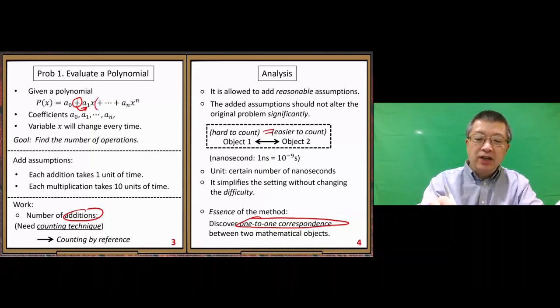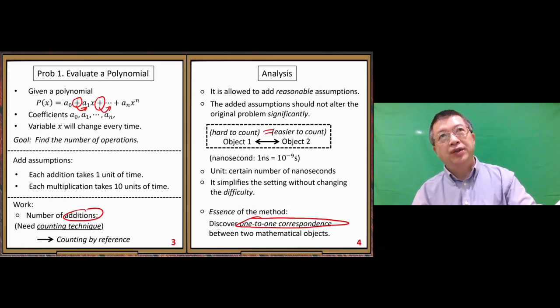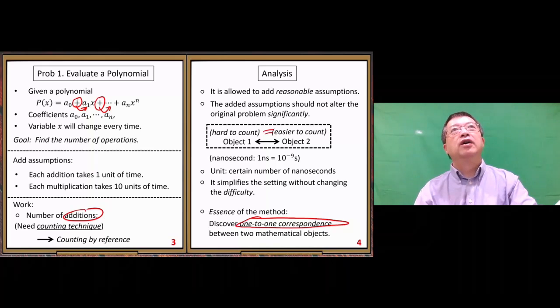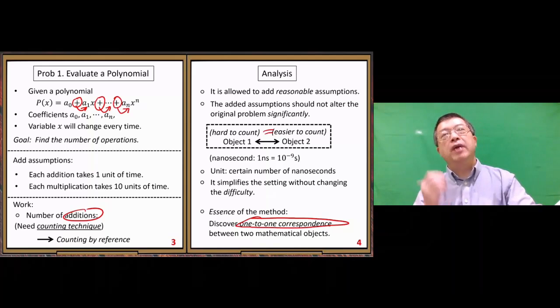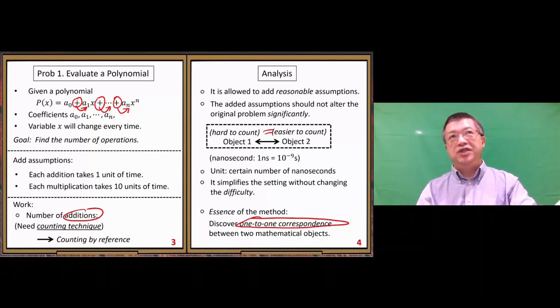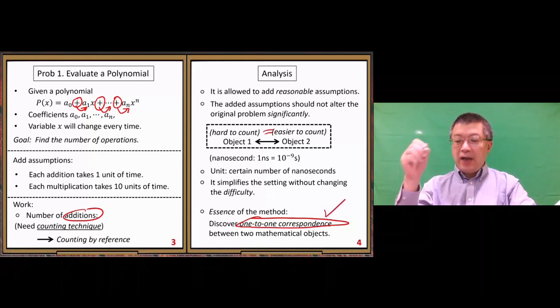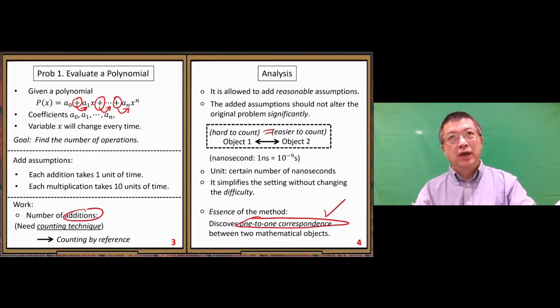Similarly, the second plus sign, I make it point to subscript 2 of the next term, and so on. So the last plus sign corresponds to the last subscript n. Is that a one-to-one correspondence? Yes, that is exactly a one-to-one correspondence.